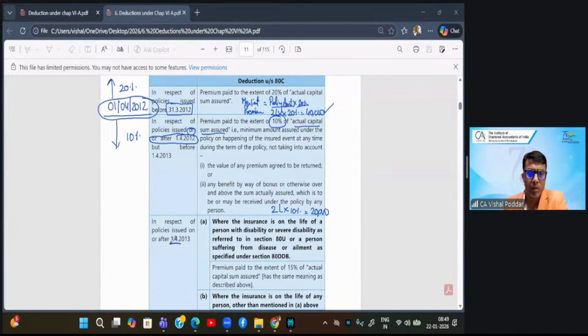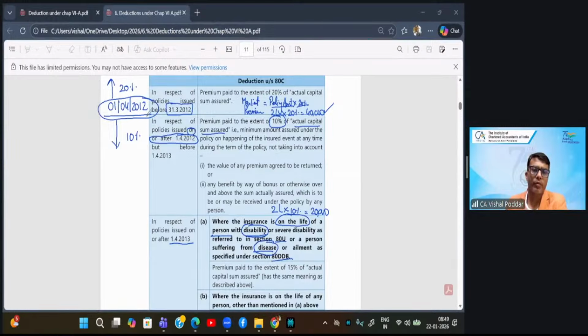Now, in 2013, there was a slight variation. The variation is if the life insurance is taken on the life of such a person who is suffering with disability or who is suffering with disease. Both these things you will study in 80U and 80DDB.